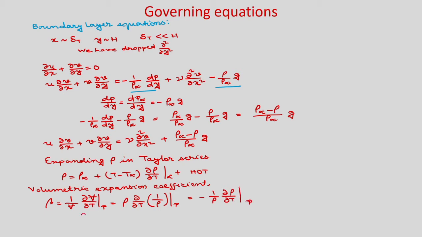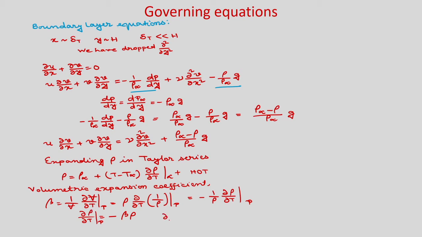So, what you can write? Del rho by del T is equal to minus beta into rho.